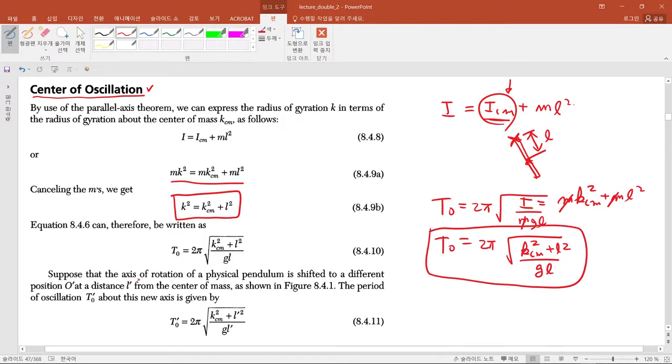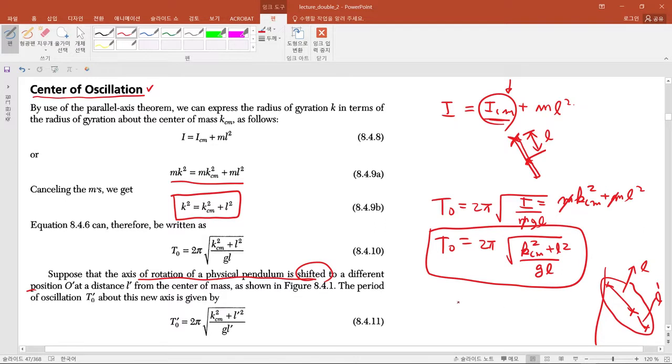Suppose that the axis of rotation of the physical pendulum is shifted to a different position. In the original case, this was the center of mass and this was l. Suppose it is shifted to the other side, l prime, and it is now performing a small oscillation around l prime.